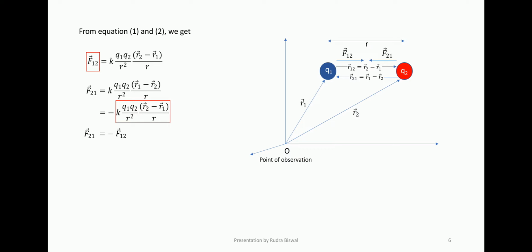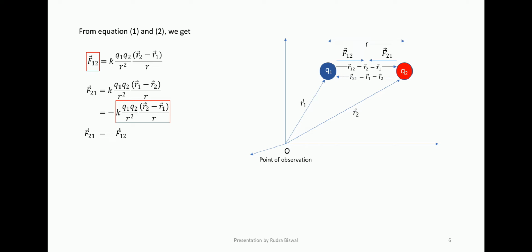We can also look at the same equation in a different way. Suppose charge Q2 does some action on charge Q1 by attracting it with 2 Newton of force, then in return Q1 will also react to this action of Q2. React, it means reaction, right?